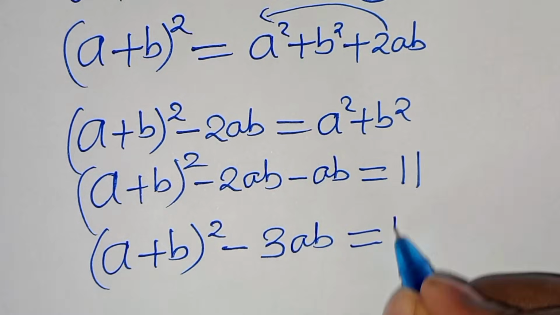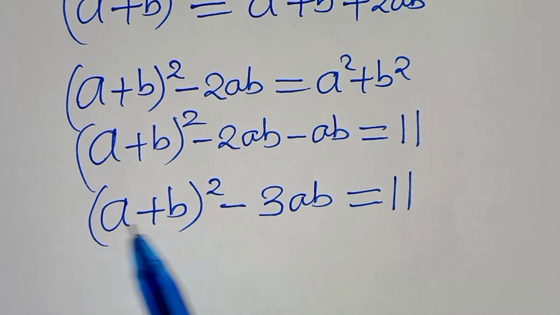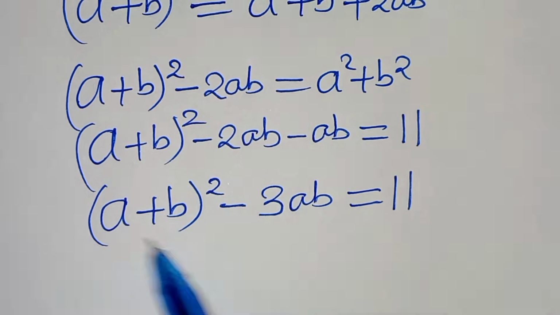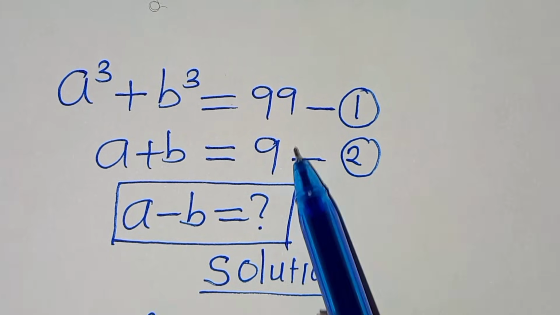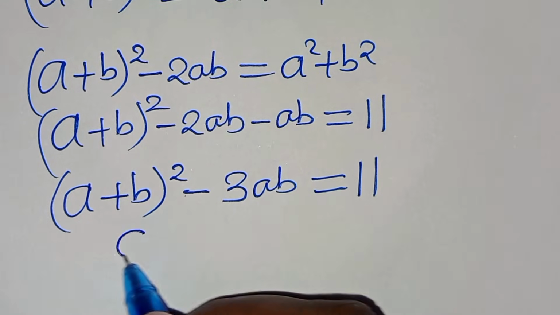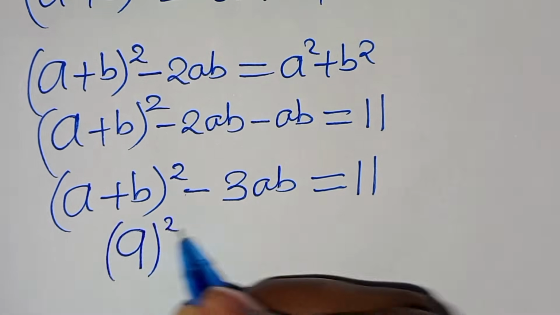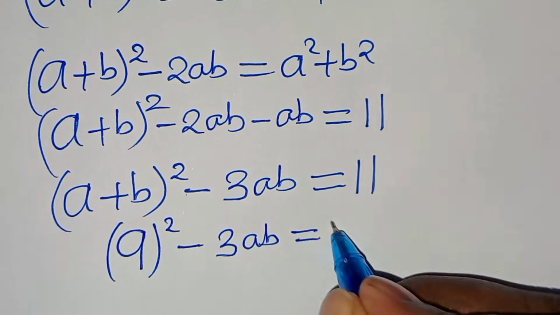This is equal to 11. We have that a plus b, this is what we have in equation 2. Remember, equation 2 is a plus b equal to 9. So let's substitute 9. So we have 9 raised to the power of 2, subtract 3 times ab. This is equal to 11.